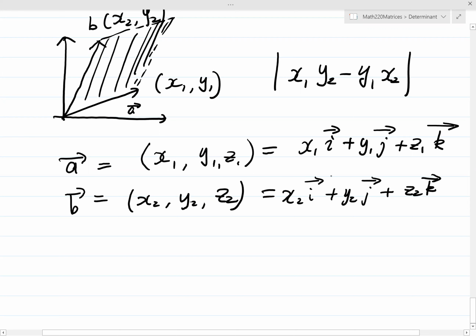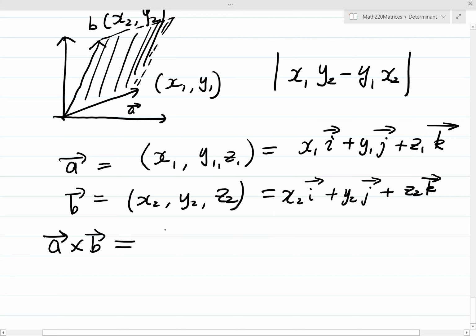Now if you work out A cross B by algebra, remember I cross I is 0, so you only have I cross j and I cross k. Let's look at I cross j: we get a k. So let's find the vector that produces k, and then let me multiply them together.